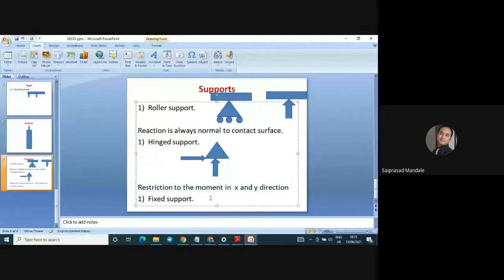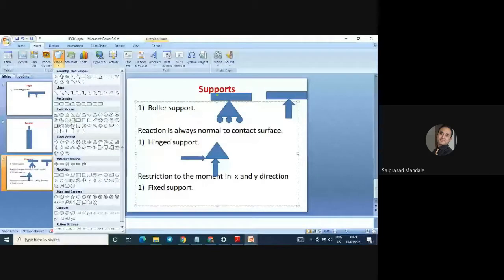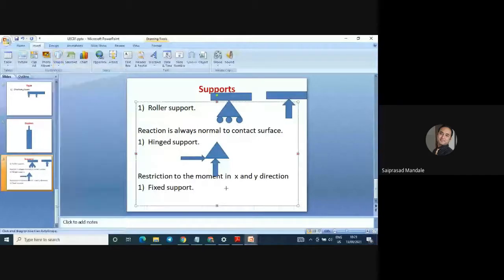Fixed support. Now, the indication of fixed support is like this. Let me draw the movement. This is the one axis.